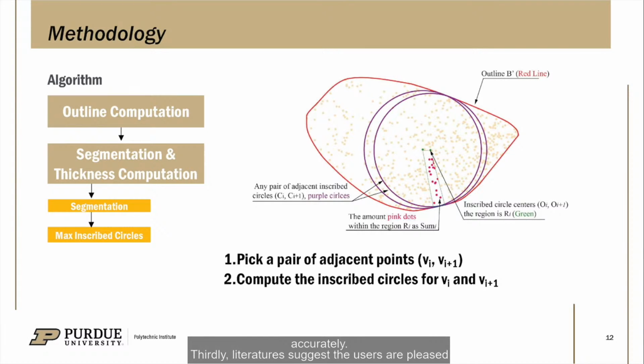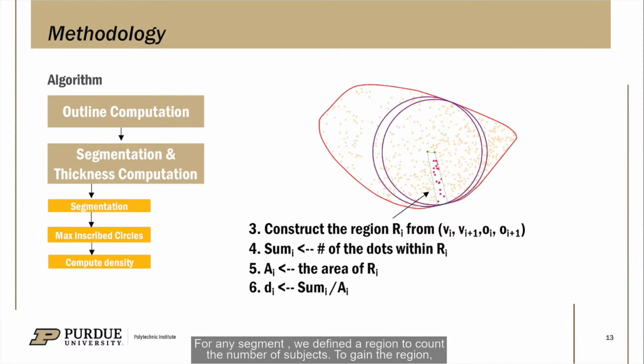Since we intended to use width to present the density of the points enclosed by the region, and density varies in different regions, we decided to break the outline into many segments, giving each segment a different thickness to represent the density enclosed by its corresponding region. For each segment, the user should easily see the density of the region represented by the segment without confusion. For any segment, we defined a region to count the number of subjects.